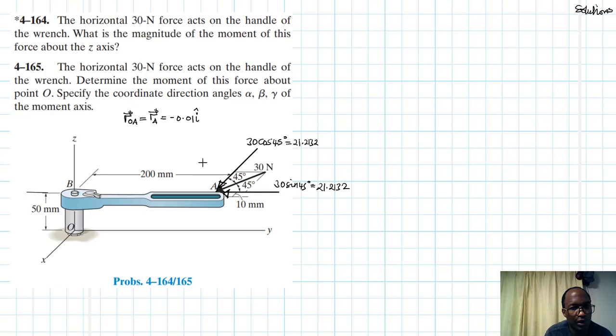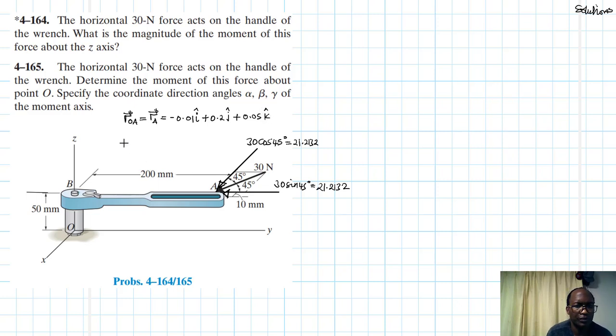And then we have in the y-axis it is a 200 positive, which is just a 0.2 j. And then in the z-axis is a plus 0.05 k.